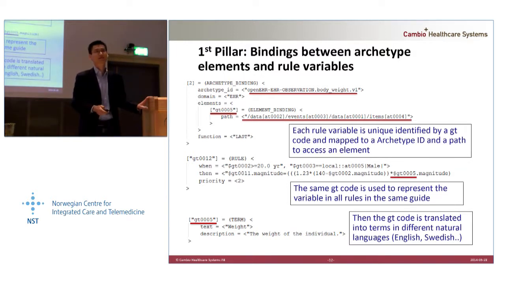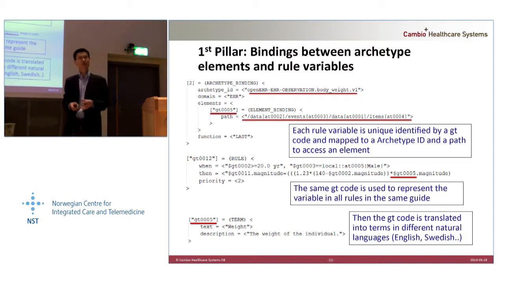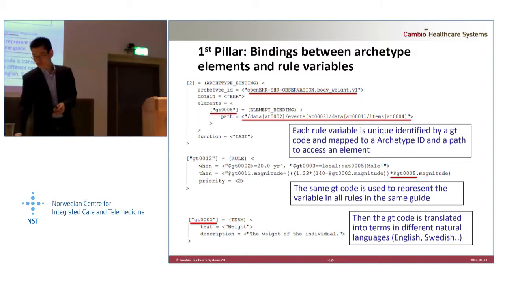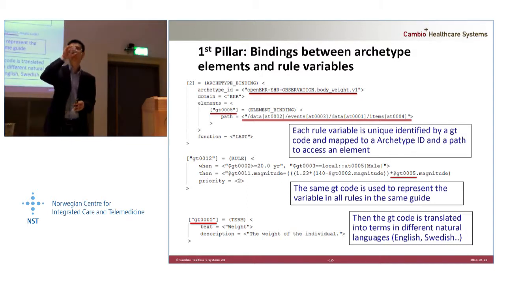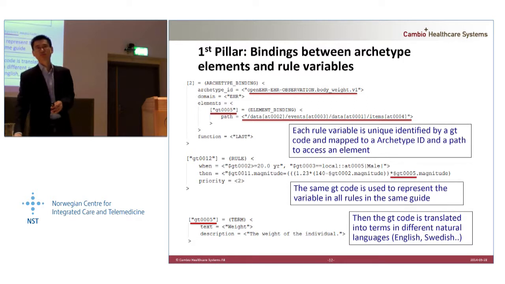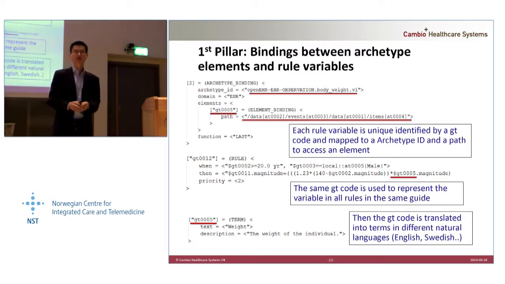A very small question. What happens if you have more than one value for the GT0005? I mean, in the rule. What do you mean by two values? You have two values at that path, in your data instances, you may have two values for the weight.